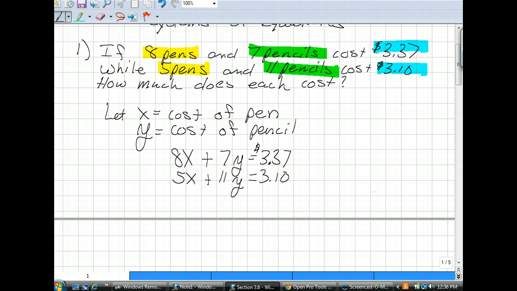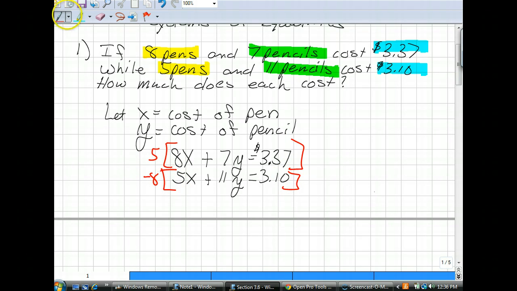Right? Now I'm going to solve this system by the elimination or the addition method. It's also called linear combination method. So what I'm going to do is multiply the top equation by a 5 and the bottom equation by a -8.